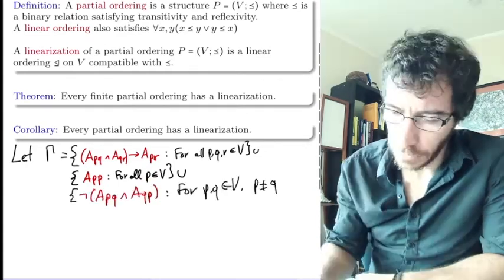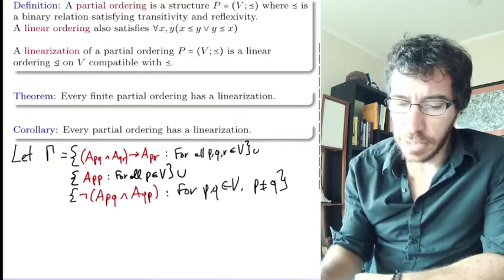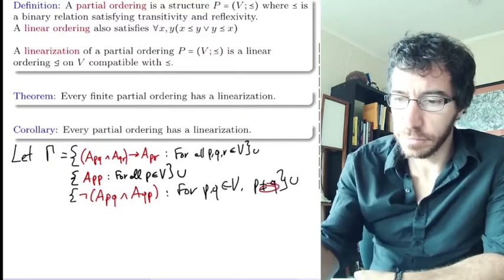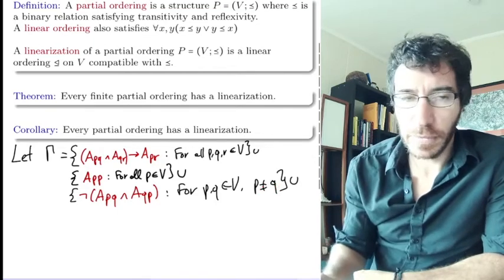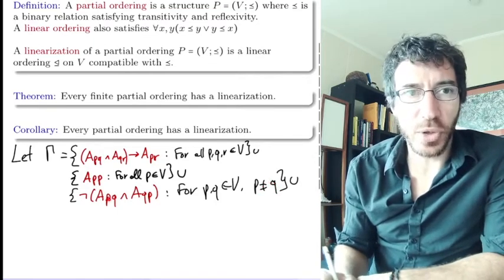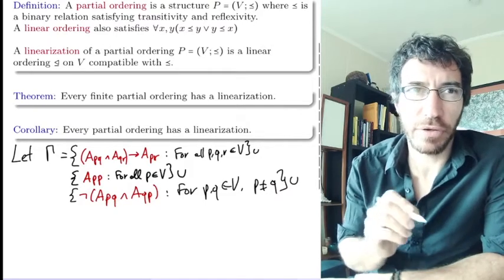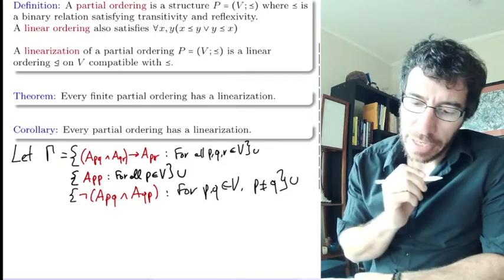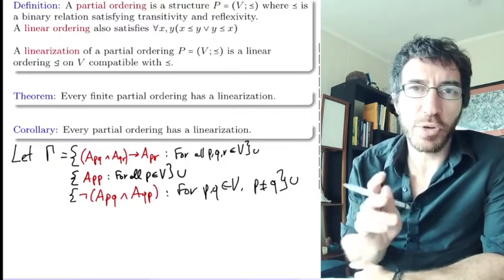What else do we need? Antisymmetric, which says that if P and Q are different, then you cannot have P less than Q and Q less than P, right? So for different ones, you cannot have P less than Q and Q less than P. So these three already give you a partial ordering, right?